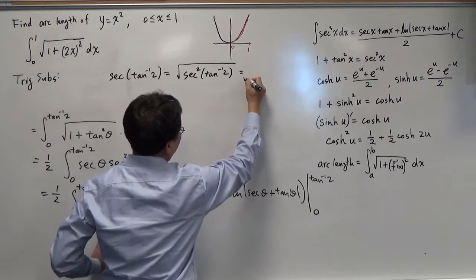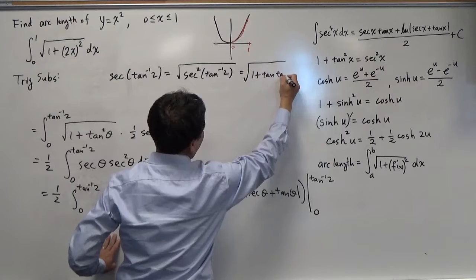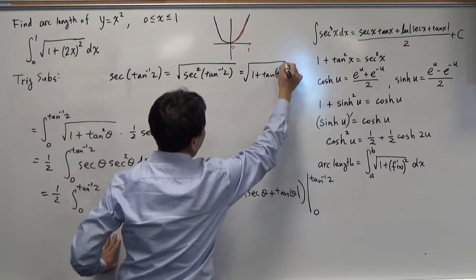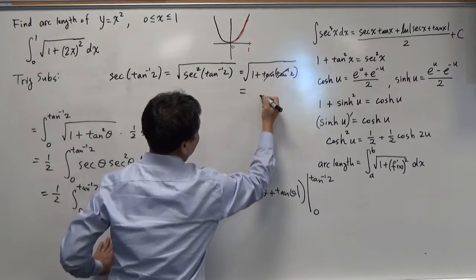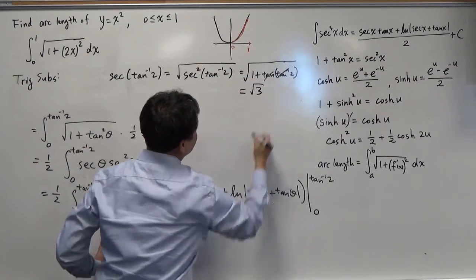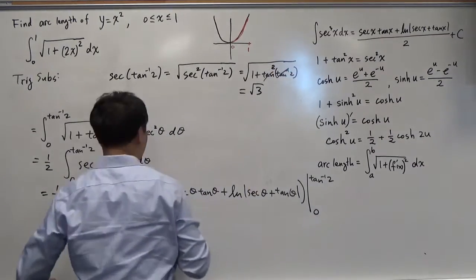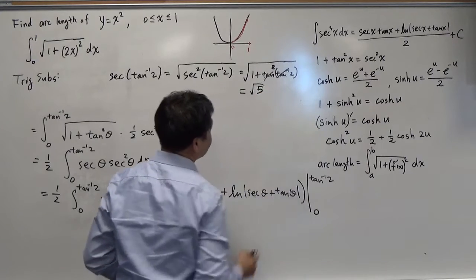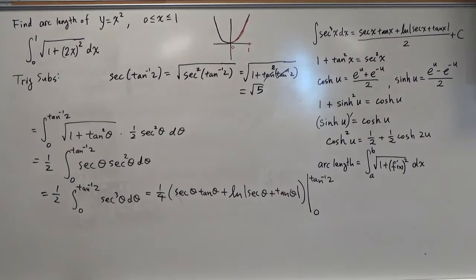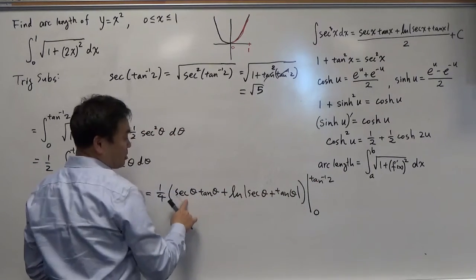That's going to be square root of 1 plus tangent squared of tangent inverse of 2. So that's going to be canceling, which will give you square root of... oh, sorry, this should be squared, so that should be square root of 5. So there we have it.